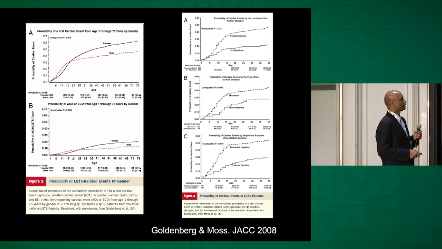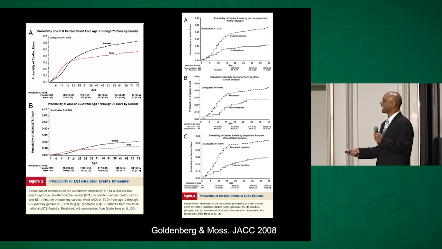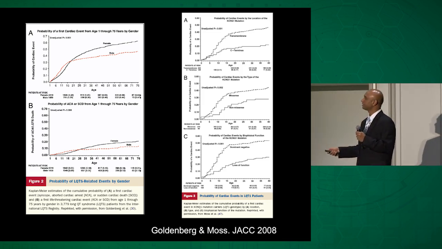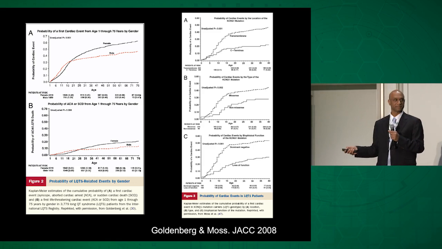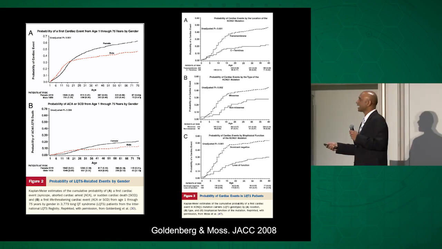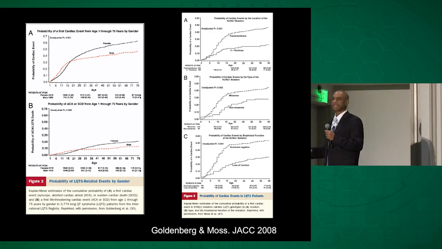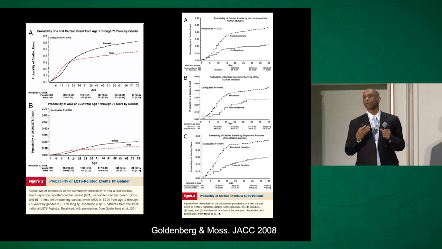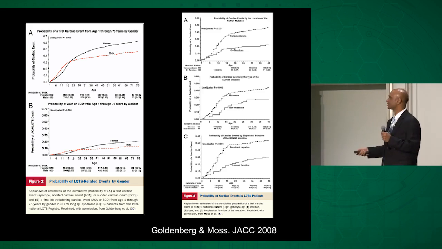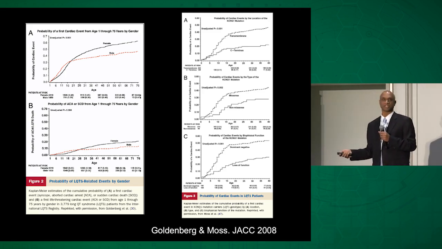Registry data have shown that when we consider age and gender, early on, males seem to have a higher risk, but as age increases, females have a higher risk than males. Genotype can also help with risk stratification. Even after an established diagnosis of long QT syndrome, once we find out what the exact genetic abnormality is, that can further help risk stratification.